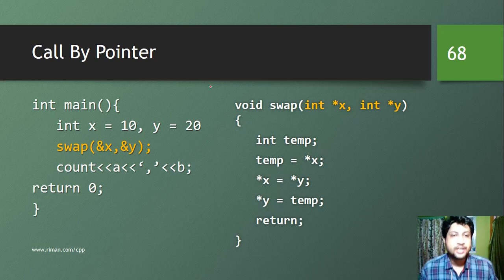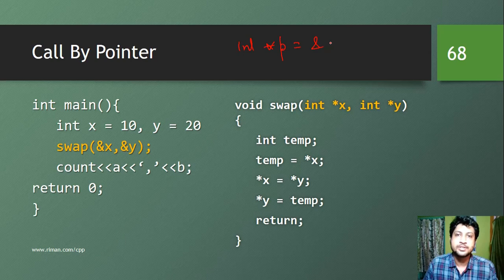So for call by pointer, you already know what a pointer is, right? A pointer variable can be declared as int *p = &a, where a is an integer variable. So we have int a = 10. Here, ampersand of a means the address of a, and that is assigned to this pointer p.